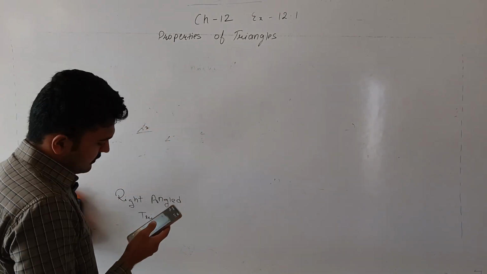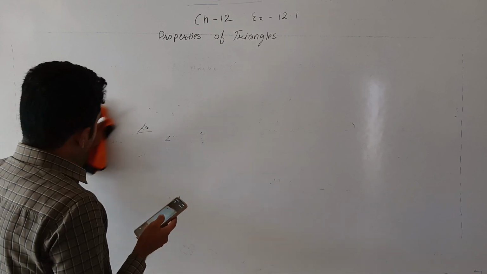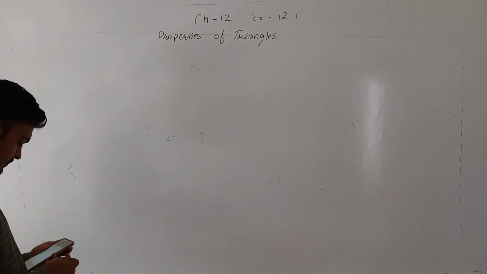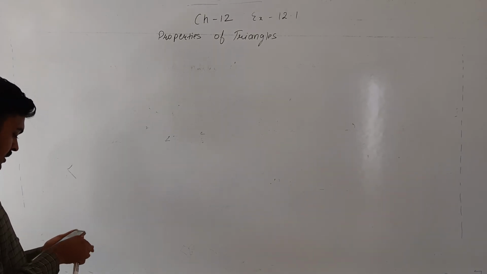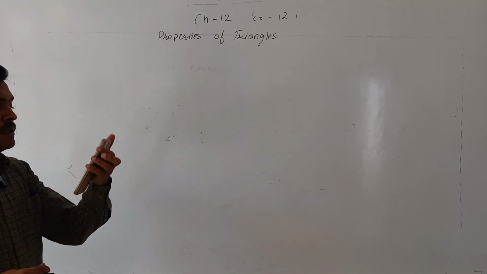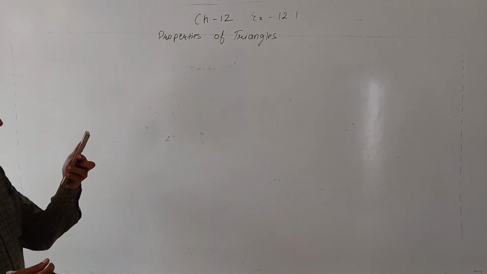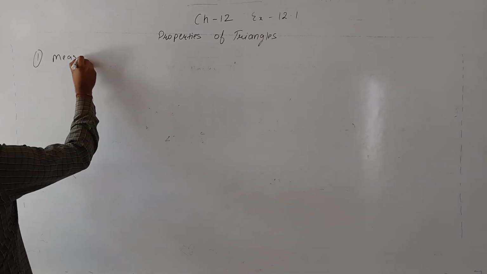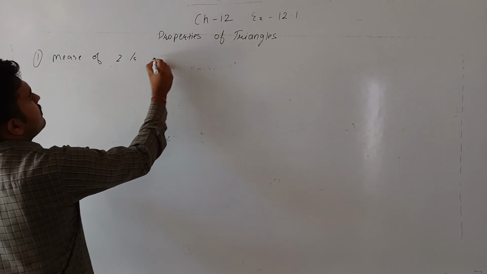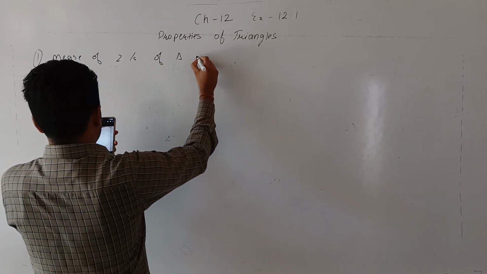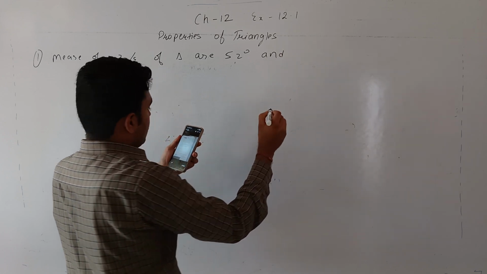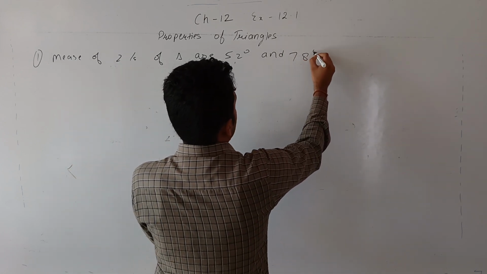So our first question is: the measures of two angles of a triangle are 52 degrees and 78 degrees.